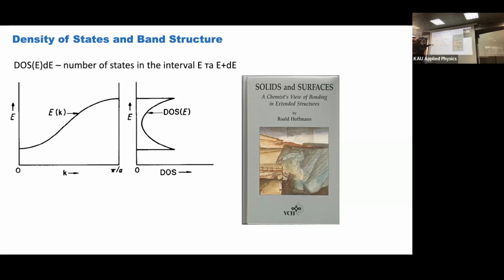We have such a parabola-like band structure, and the density of states of this form corresponds to this energy. So when we have some flat band, it means that all our states are on this line.